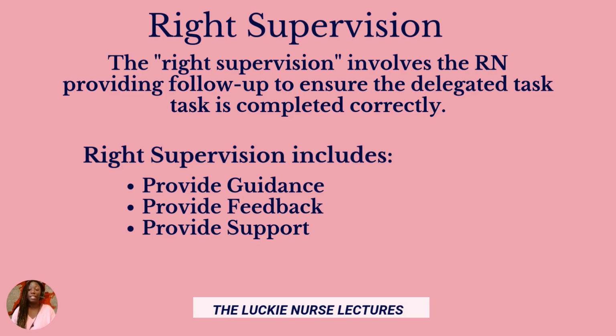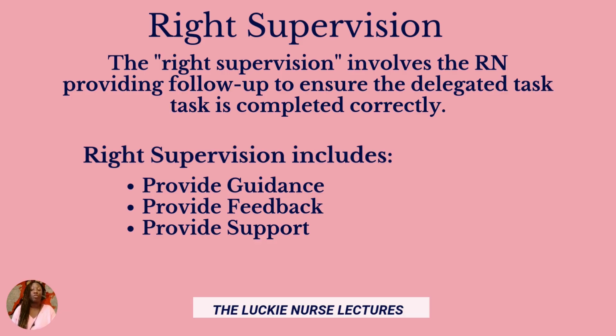If the RN delegates an LPN to insert an NG tube or a Foley catheter in a setting that's appropriate, it is the RN's responsibility when they have time to go back and ensure that that task was completed correctly. If it wasn't, then it's the RN's job to address any issues.